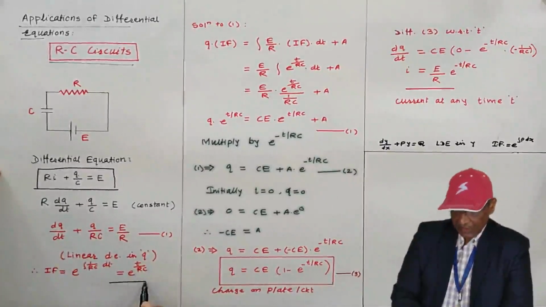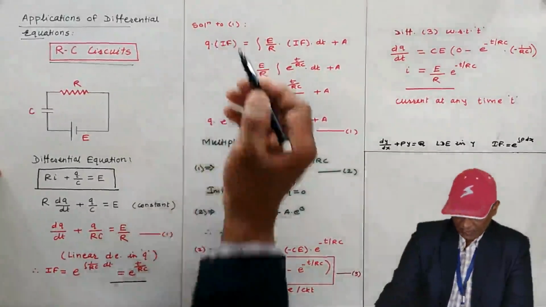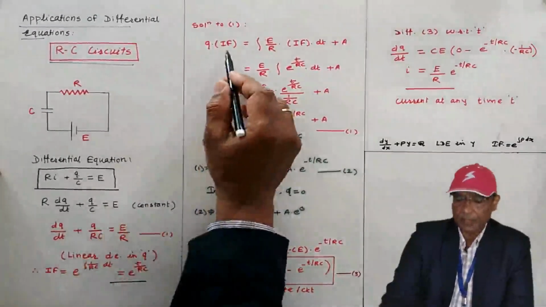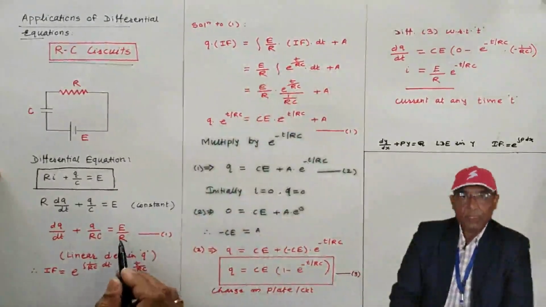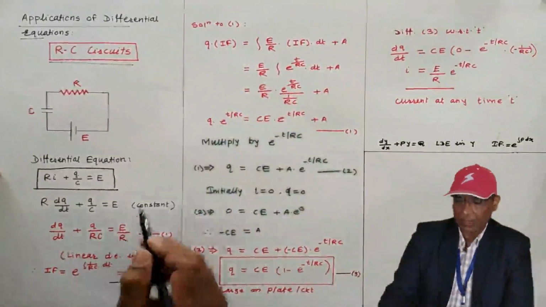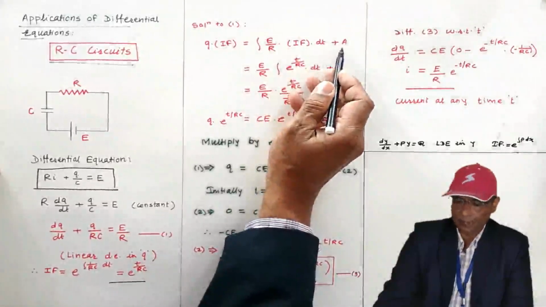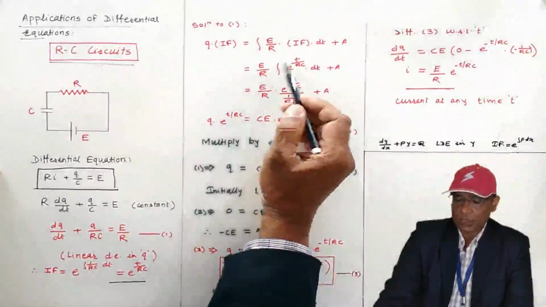Once we get the integrating factor, we can find the solution to the linear differential equation. Q multiplied by the integrating factor is equal to the integral of the right-hand side, E by R into the integrating factor, plus the integration constant A. E by R is outside because it is constant.